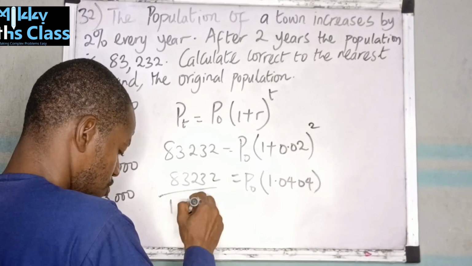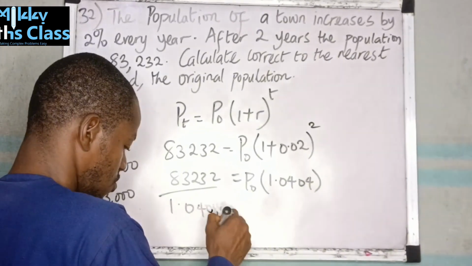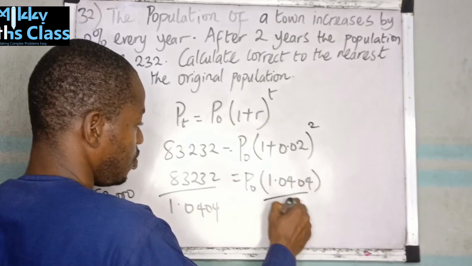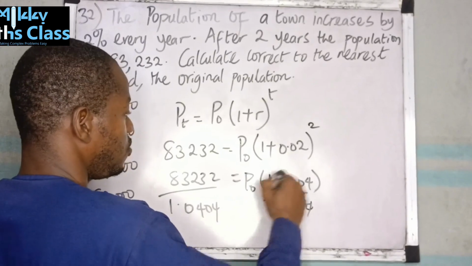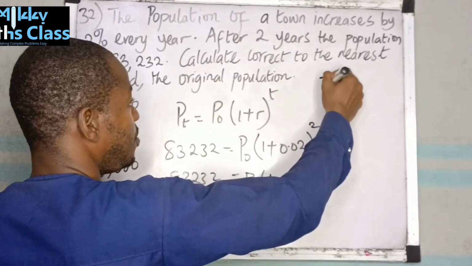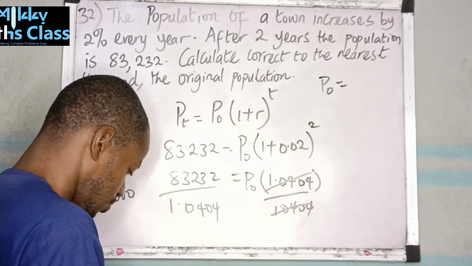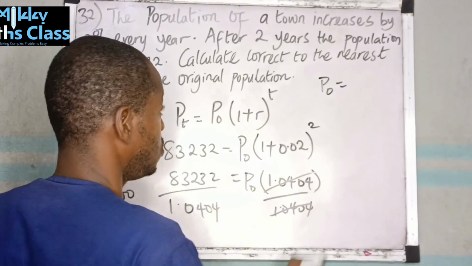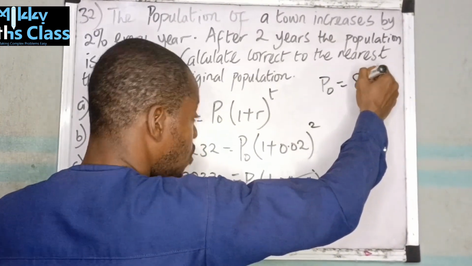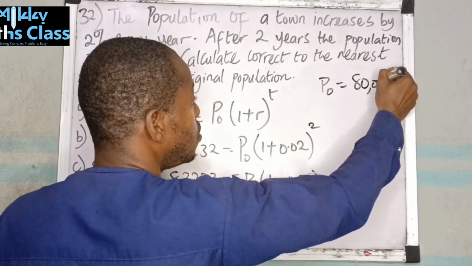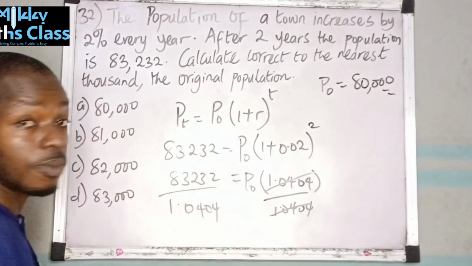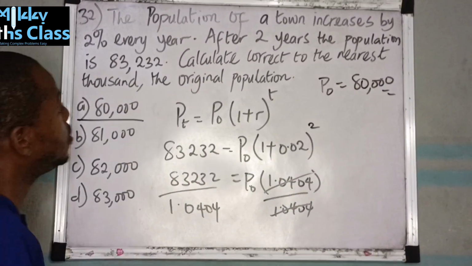Now we divide both sides by 1.0404 to get our original population. This will go off, so our P naught will be equal to 83,232 divided by 1.0404, which will give us 80,000, which is option A.